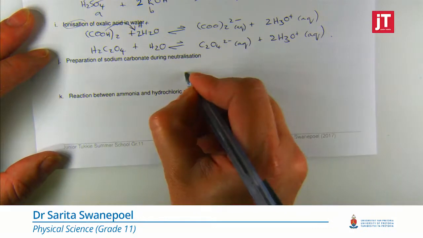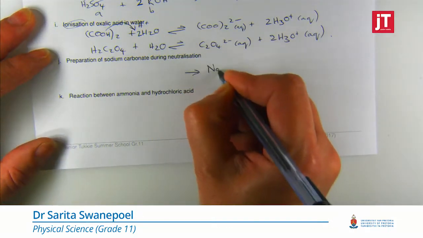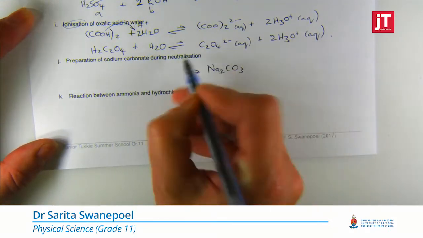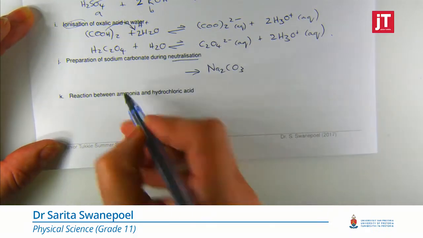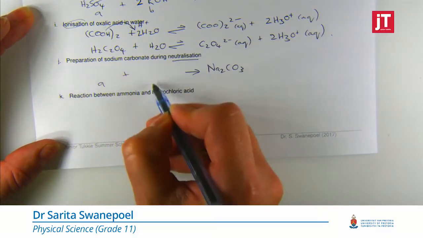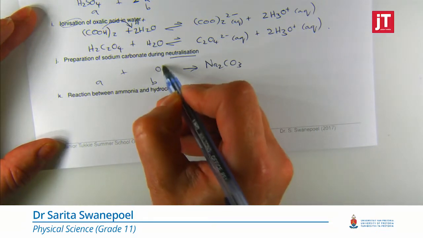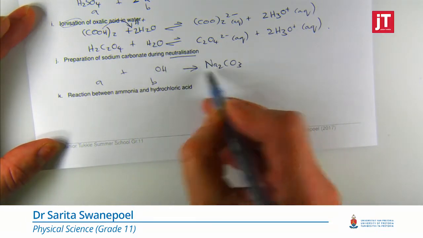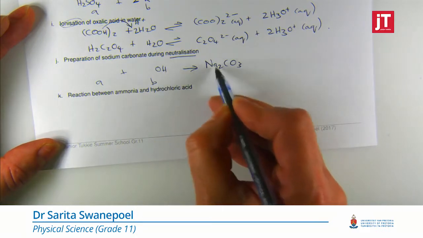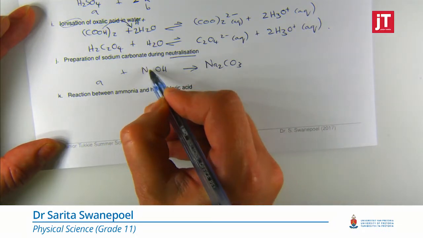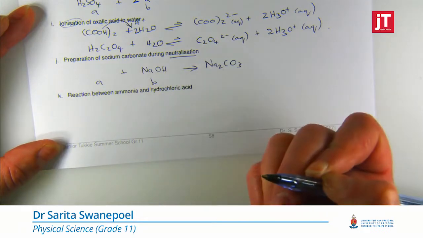Preparation of sodium carbonate. I want to make sodium carbonate. Once again, neutralization. Tells you it must be an acid and a base. For the base being something OH, OH being negative, it will be bonded to the sodium that is positive. Sodium hydroxide.